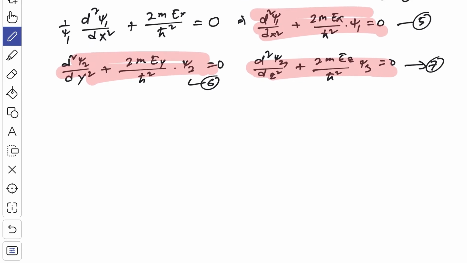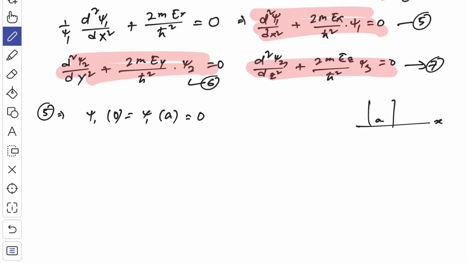Now you see, for equation number 5, if you apply the boundary conditions, so that psi 1 of 0 is equal to psi 1 of a is equal to 0, because along the x-axis we have considered that the distance between the boundaries is a, and inside the box potential is 0, outside the box infinity.